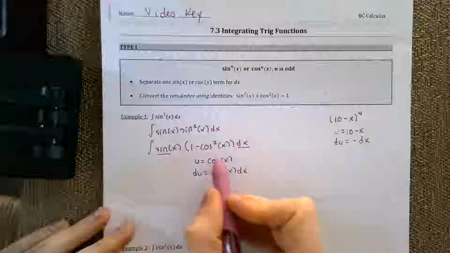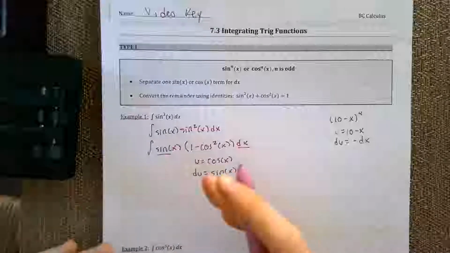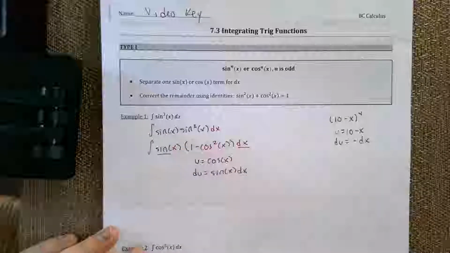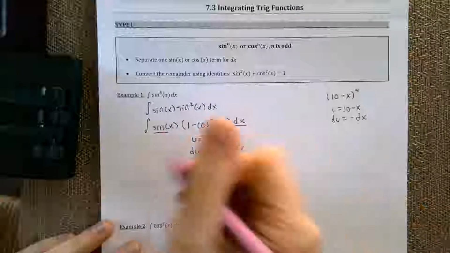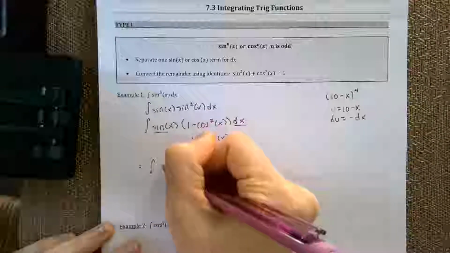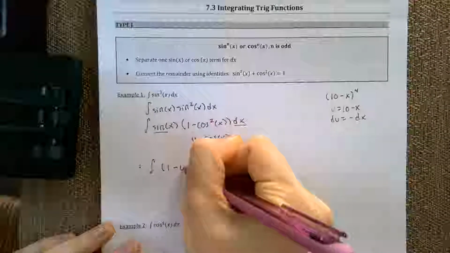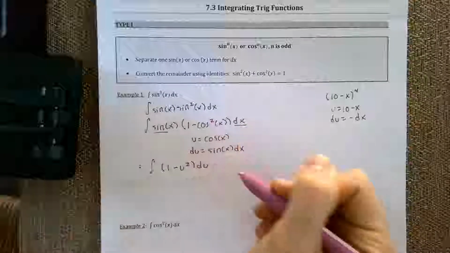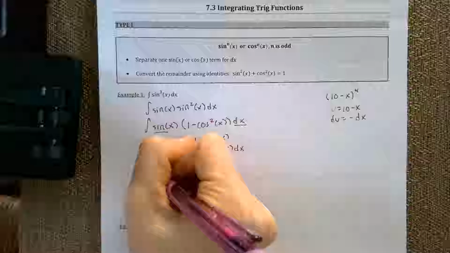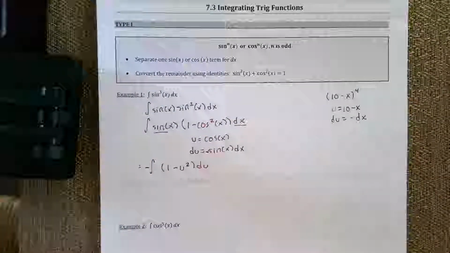So by doing this U sub, this is kind of like a power reduction almost. We've reduced one of the trig functions that was kind of extraneously hanging outside. Once we've made our U sub though, this becomes the integral of 1 minus u squared du. Oh, excuse me, I need a negative. I forgot my negative.